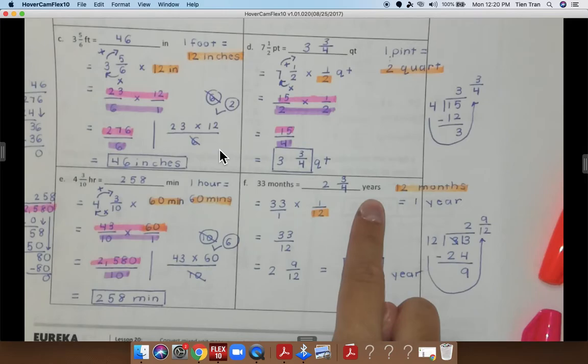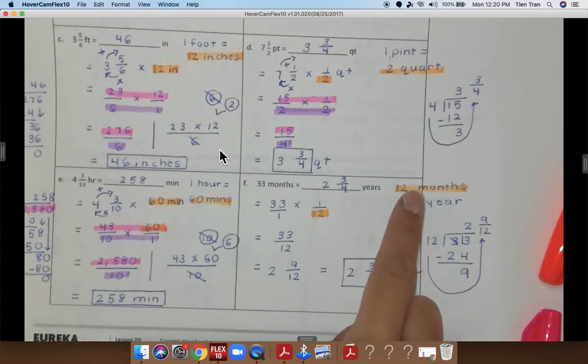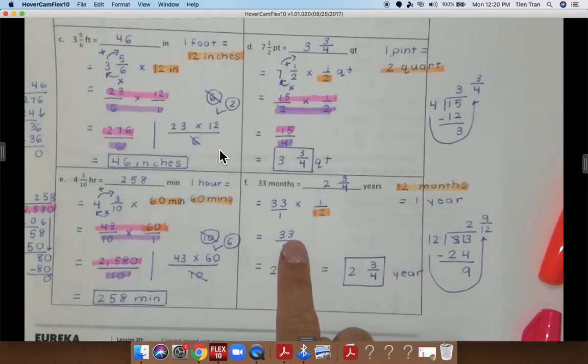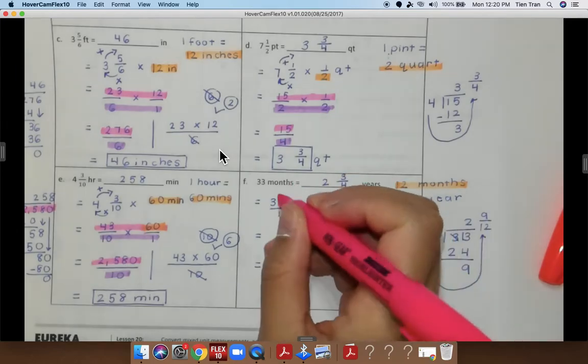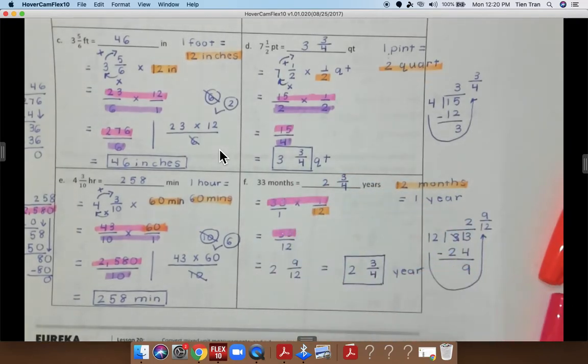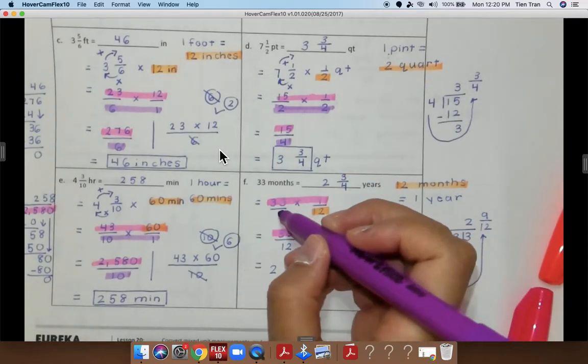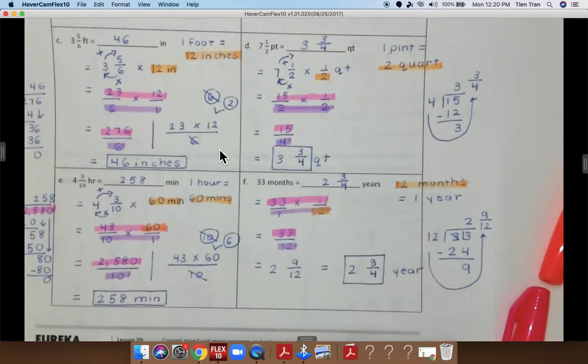Why? Because you're converting to years, so they want to know how many years. So what you're going to do is you're going to multiply times 1/12. So 33 times 1 is equal to 33, and 1 times 12 is equal to 12. Okay, and 33 divided by 12.